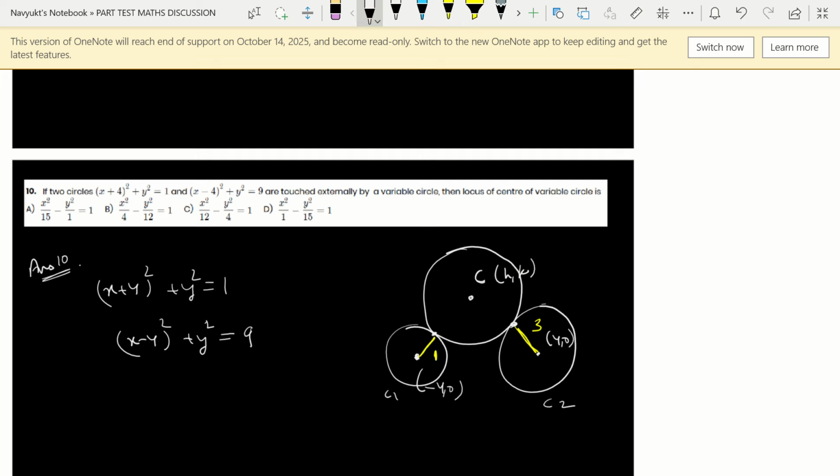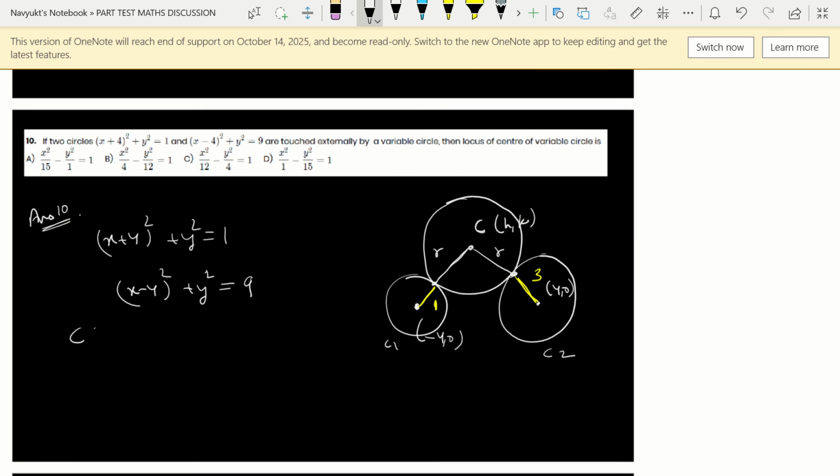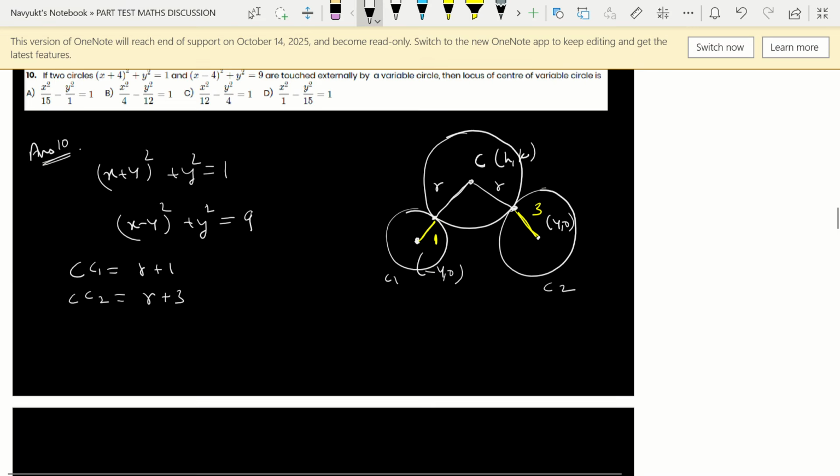And the radius of the variable circle we need to find, so let's take it as r. What we are going to write is this: CC1 should be r plus 1, whereas CC2 should be r plus 3, right?